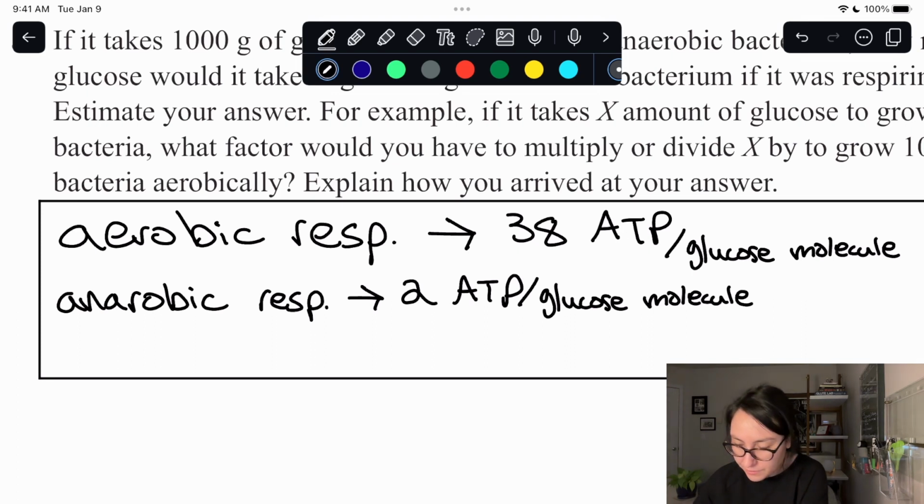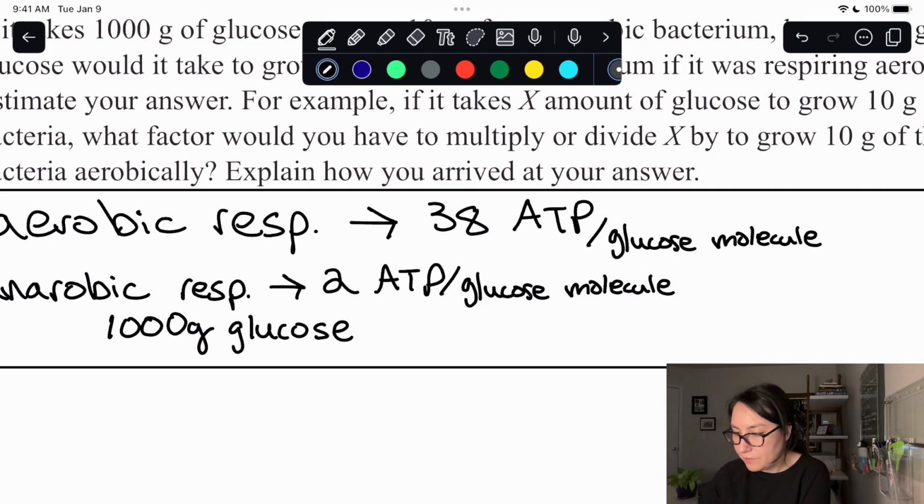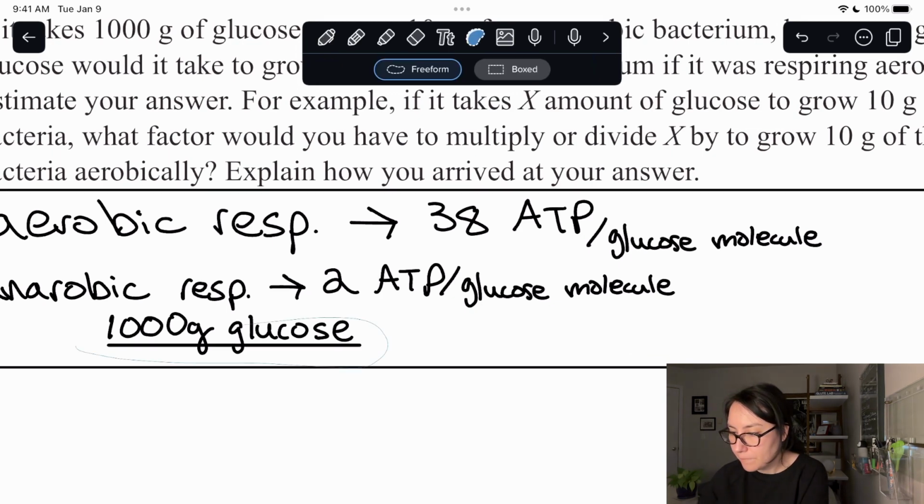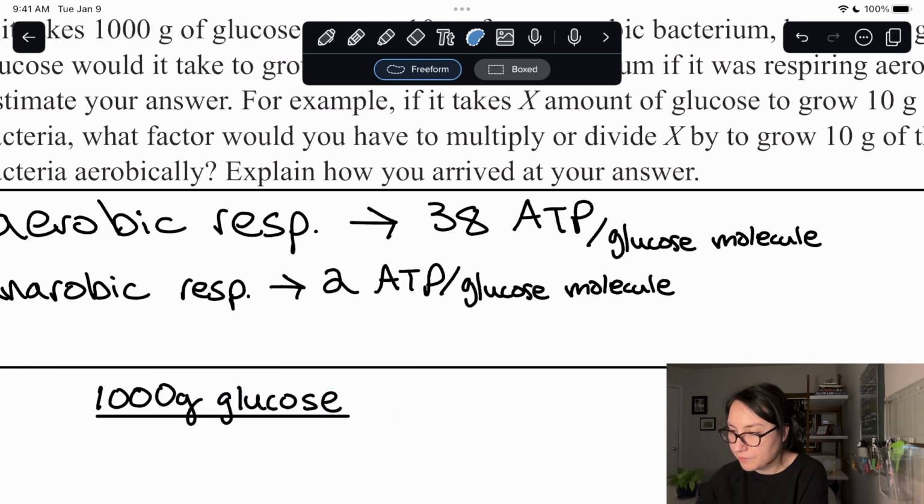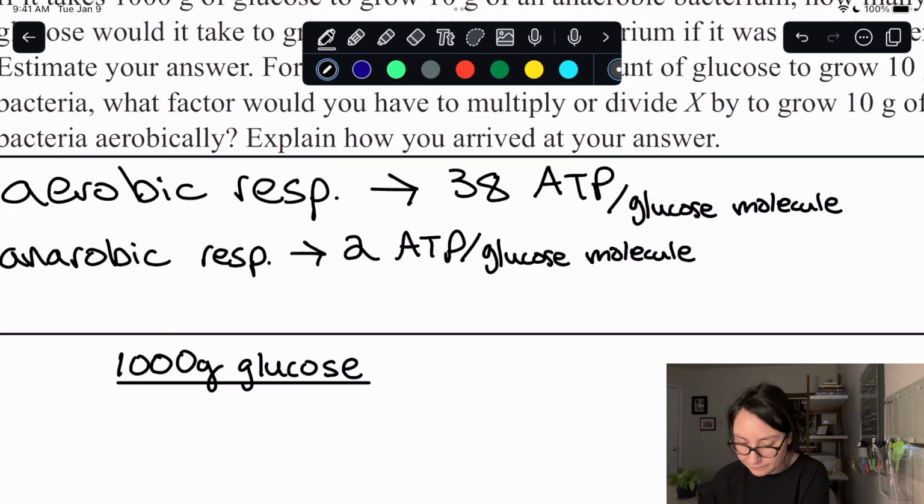You're going to take about 1,000 grams glucose, and then you're going to divide it here. You move this down here, 1,000 grams of glucose, and then you're going to divide that by about 19.